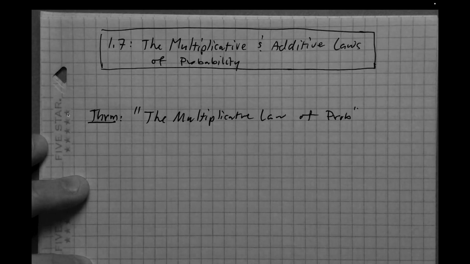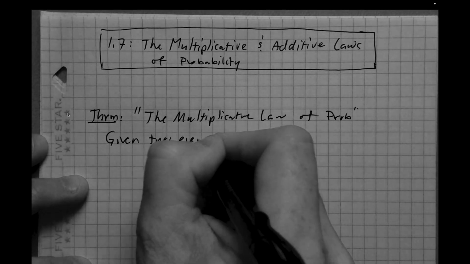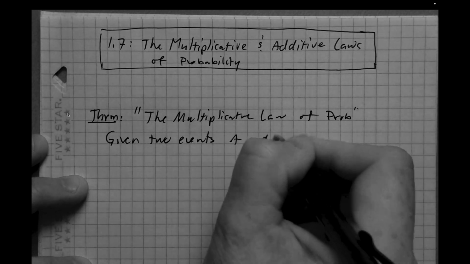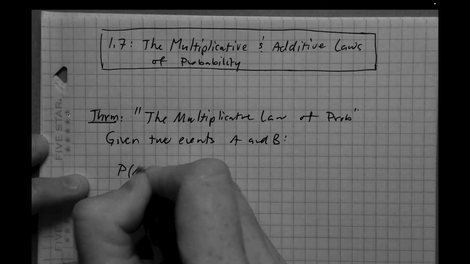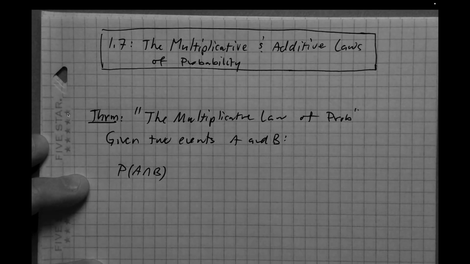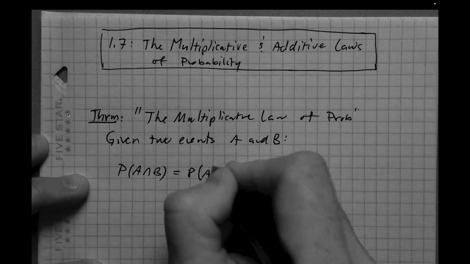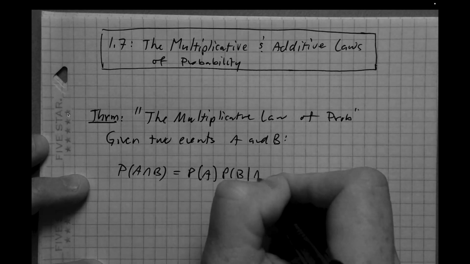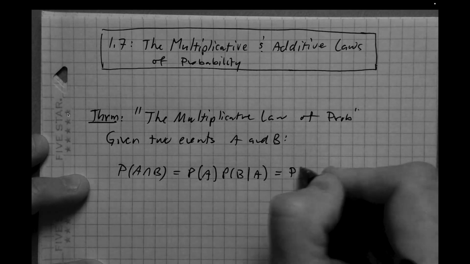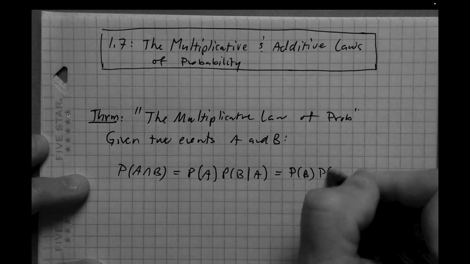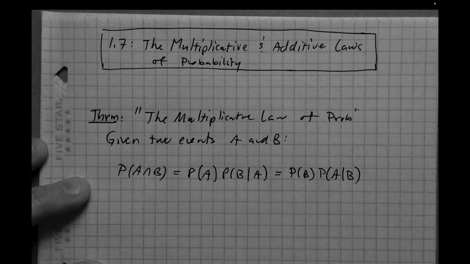It says, given two events A and B, the probability of the intersection of A and B, the probability of A and B, is equal to the probability of A times the probability of B given A, which is going to be the same as the probability of B times the probability of A given B, right? So this is the conditional probabilities here.